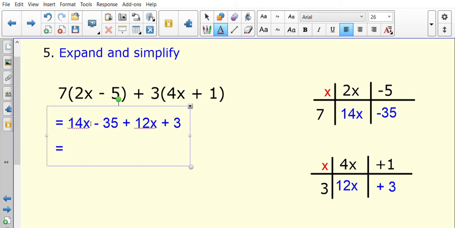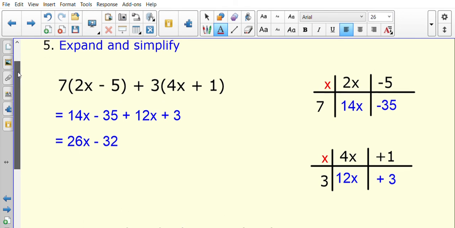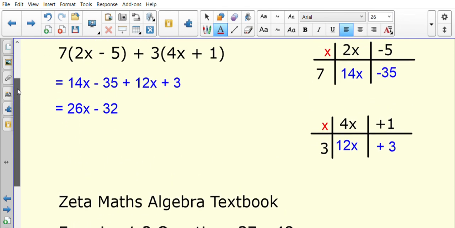So 14x plus 12x gives me 26x. And then gathering my numbers, so I've got negative 35 and I'm adding 3. So therefore I have negative 32. And that's your final answer. Unless you've got it round the other way, you could have negative 32 add 26x.